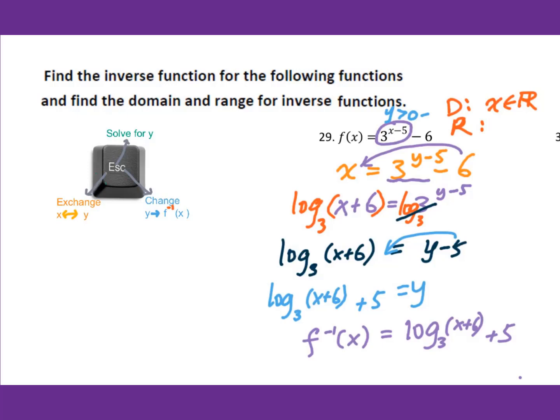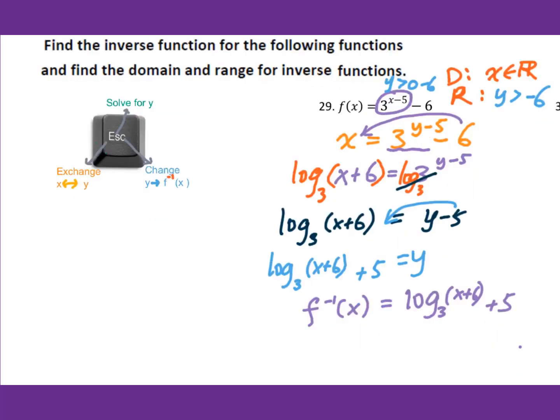Then minus 6, you will get y greater than negative 6. Therefore, for this inverse function, you will get domain x greater than negative 6. Range, that will be all real numbers.